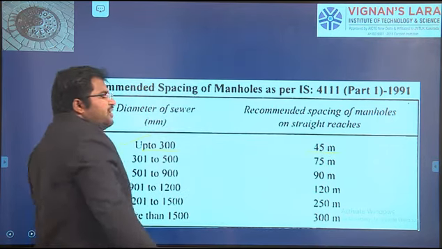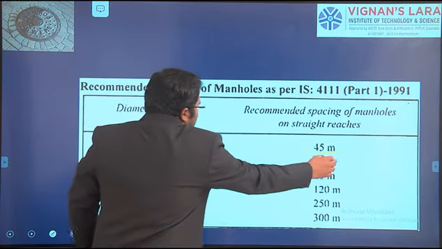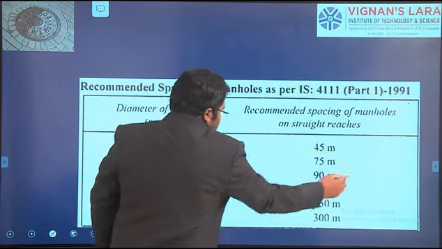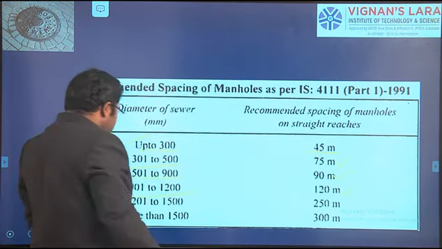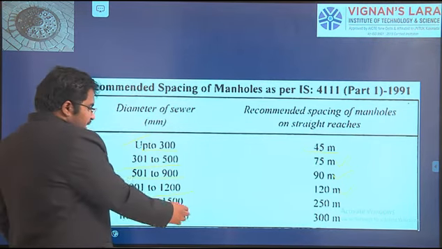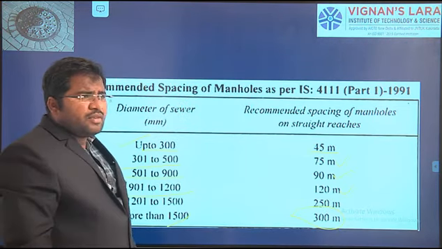Then 300 to 500 mm, 75 meters. 500 to 900 mm, 90 meters. Then 900 to 1200 mm, 120 meters. 1200 to 1500 mm, 250 meters. More than 1500 mm, we go for 300 meters spacing.